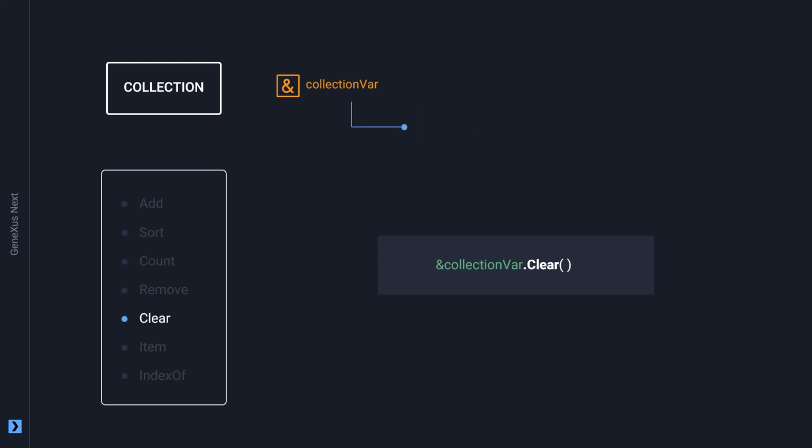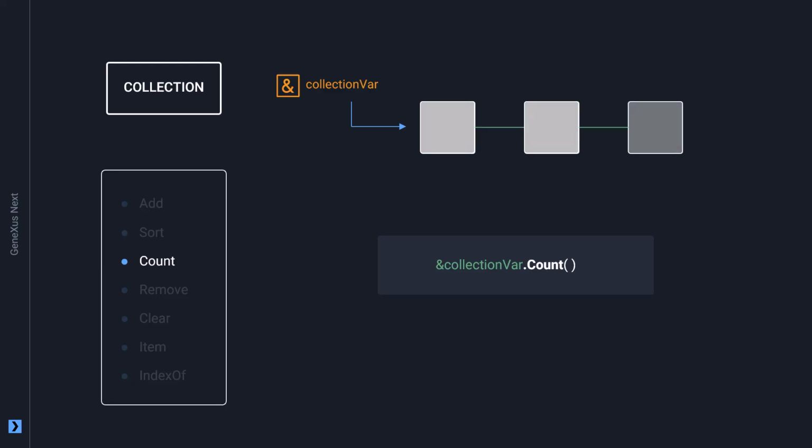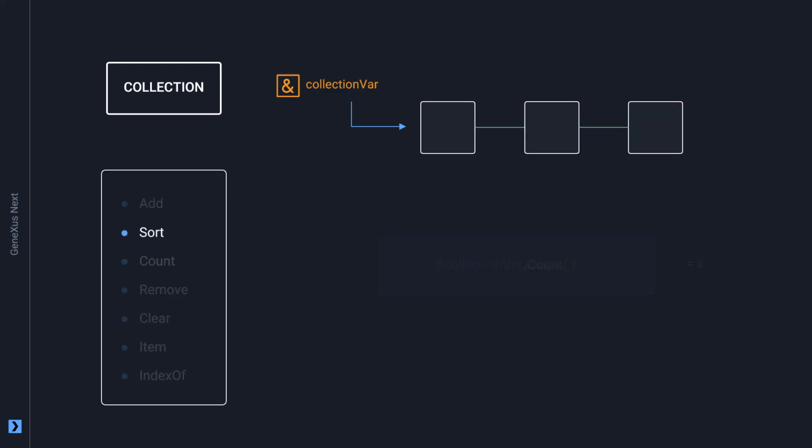We can also obtain the number of items in a collection using the count method, which will return 0 if it is empty or a positive number indicating the number of items otherwise. For this example, the result will be 3. Finally, we can sort the items in the collection. If it is a collection of basic data, then it will sort them according to the value of each item.